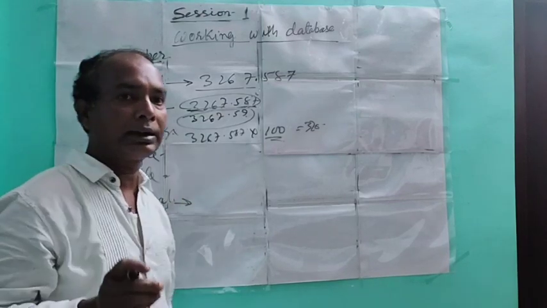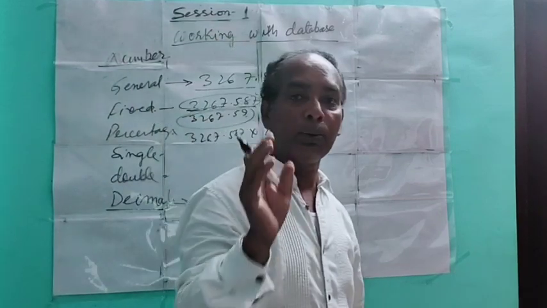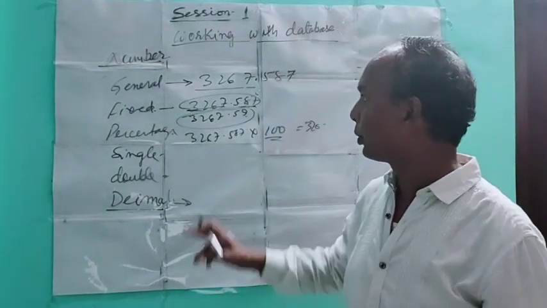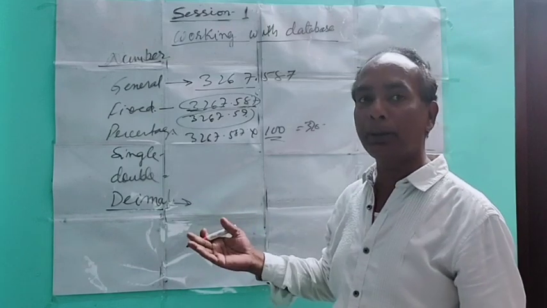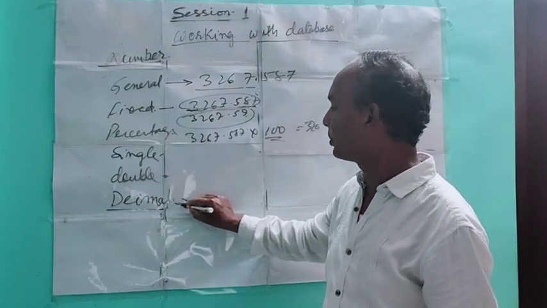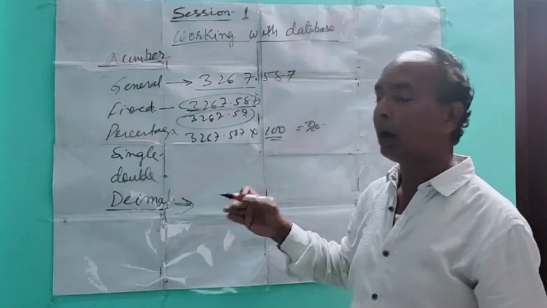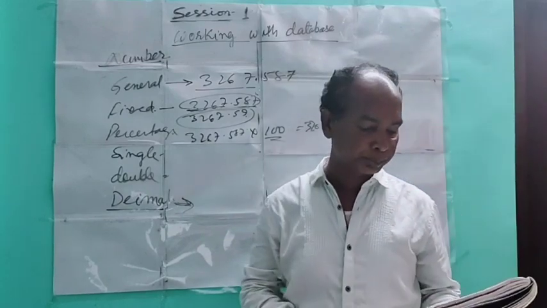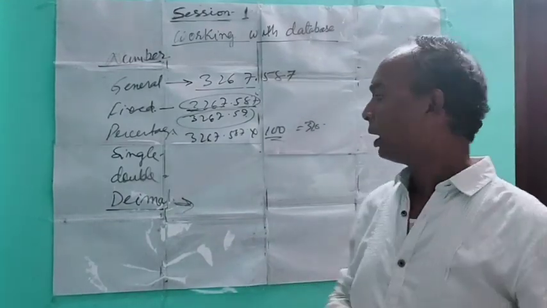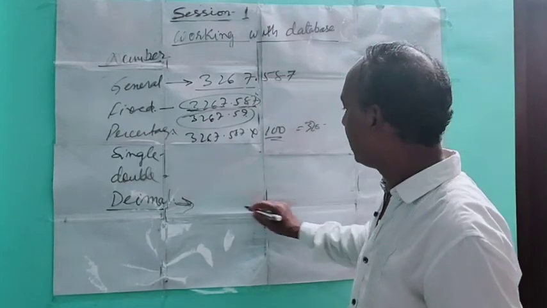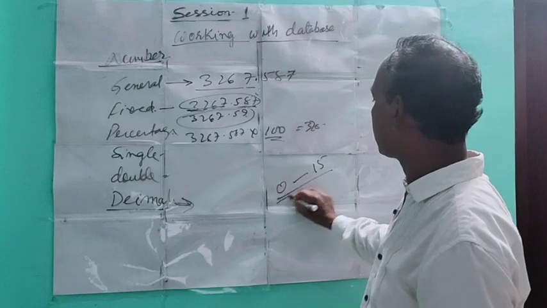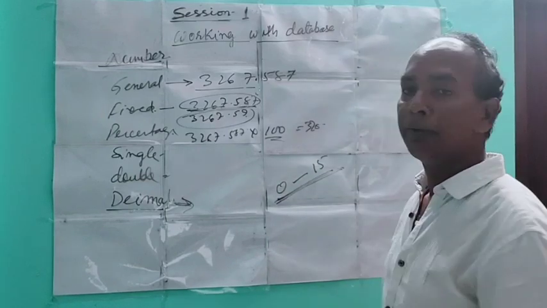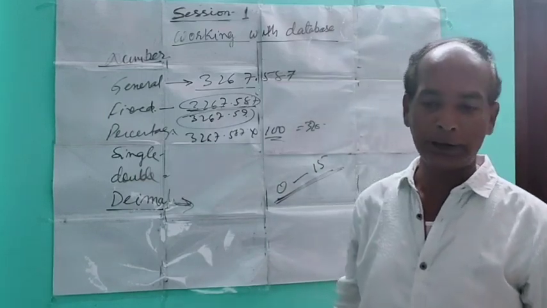Suppose you want to enter an amount in rupees, then we need only 2 decimal places, so you have to use fixed. Suppose you use kg in grams, we need 3 decimal places. In that case, you have to choose decimal and give how many decimal places you need. Here in decimal place, it will accept 0 to 15 decimal places.